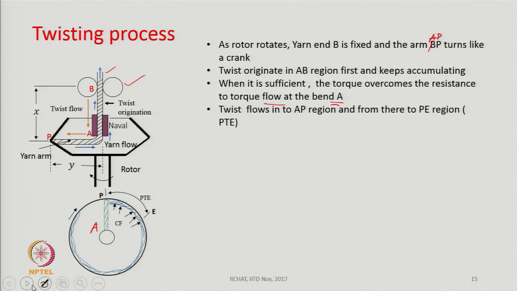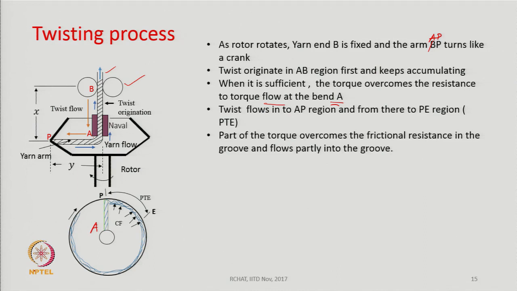So, twist flows in the region AP, and from there it will go to point P. From point P it will now flow a little bit along the periphery of the rotor. Let us say it can flow up to the point E. After that, the fibers shown here, all blue lines, are a parallel array of fibers.